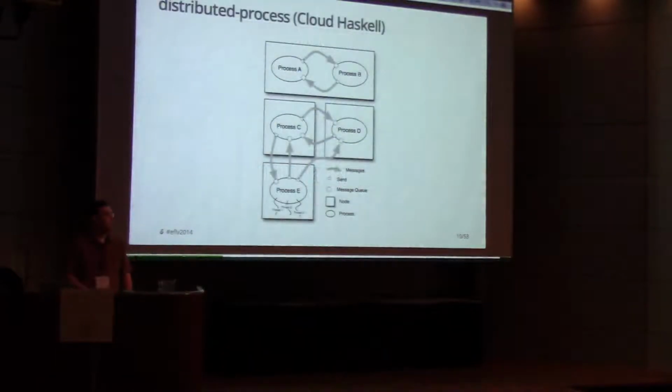So how does a distributed process work, from a bird's-eye view? This will be really familiar to you. You have a bunch of nodes. Nodes can be on the same machine or on different machines. You have processes in those nodes, and they communicate through messages. Simple. They don't share any state whatsoever.